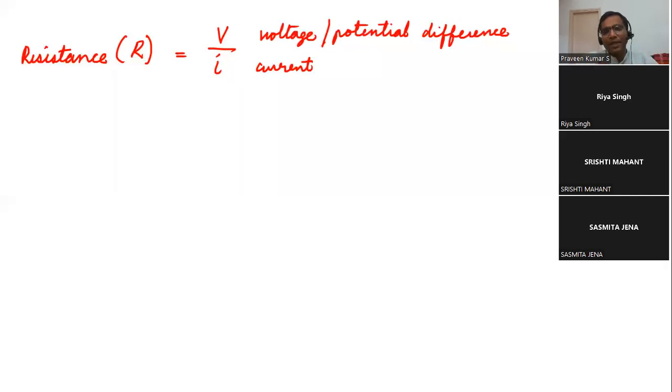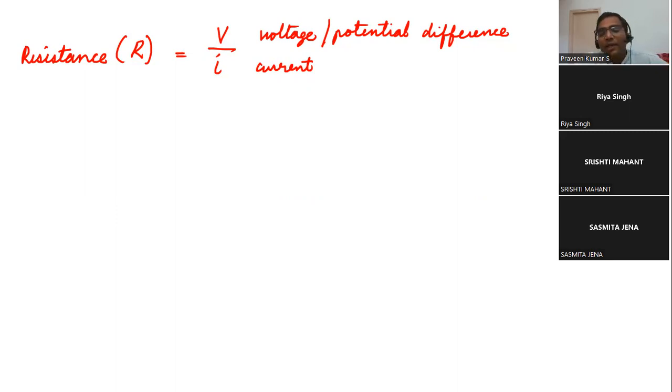But in very simple language, how will you explain voltage to someone? So speed of current. It is not speed of current. Speed of current is nothing but flow of charges, so it will come in the definition of current itself.